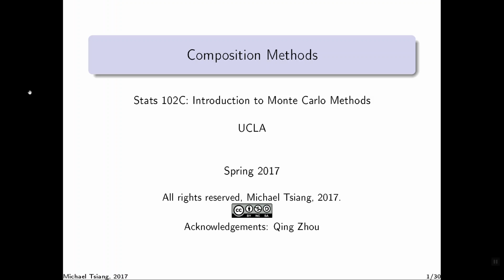I normally don't use slides. In fact, the reason why I don't use slides is because I rarely make slides, and I generally much prefer to write on my little electronic whiteboard and things like that.